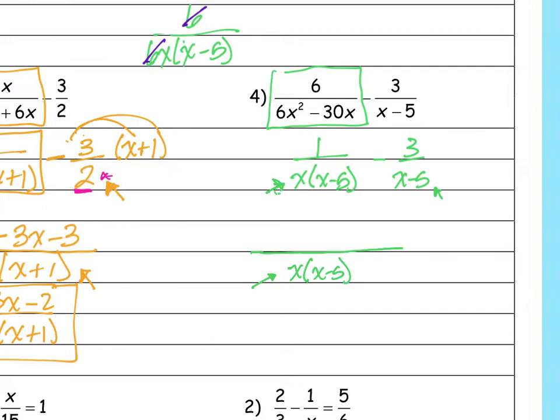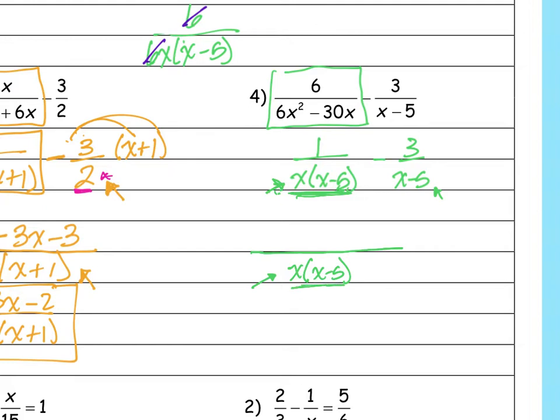Now the second question: is there anything in my common denominator that's not in the first one? Negative 3x. We're not there yet, Zach. Oh, okay. Sorry. So, you're ahead.